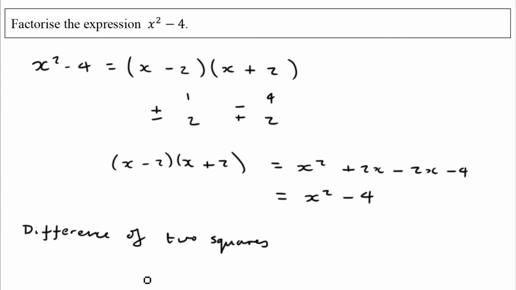In general, if we have an expression such as a squared subtract b squared, whatever a and b may be, they may be numbers, they may be variables, this will always factorize as a subtract b, a plus b. And you'll be surprised about the number of times in which recognizing an expression like this so that you can factorize it in this way would occur throughout the course.